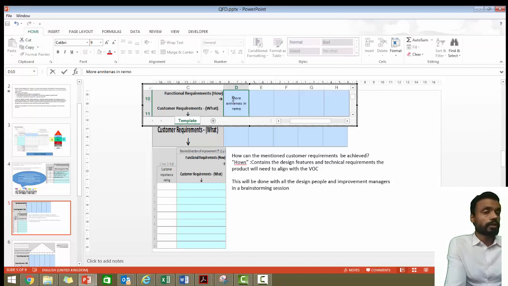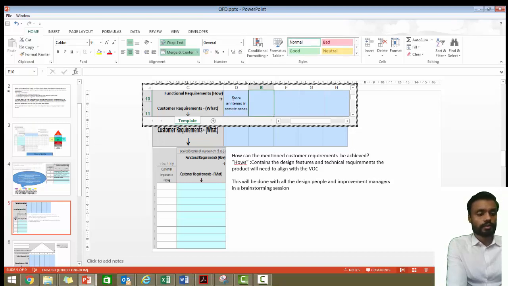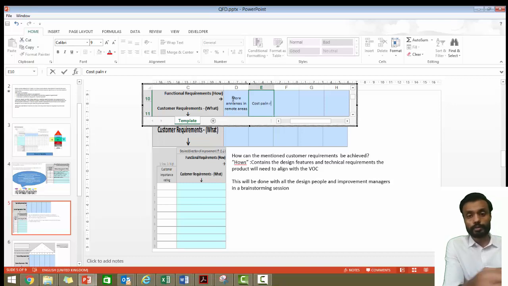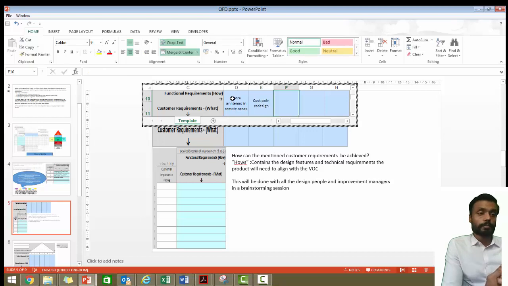Second functional requirement is cost plan redesign. You need to redesign your cost plan so that you can provide a better call and data usage to your customer. Third could be, if you have to provide a better connectivity, it could be a redesigning of your transmission system.